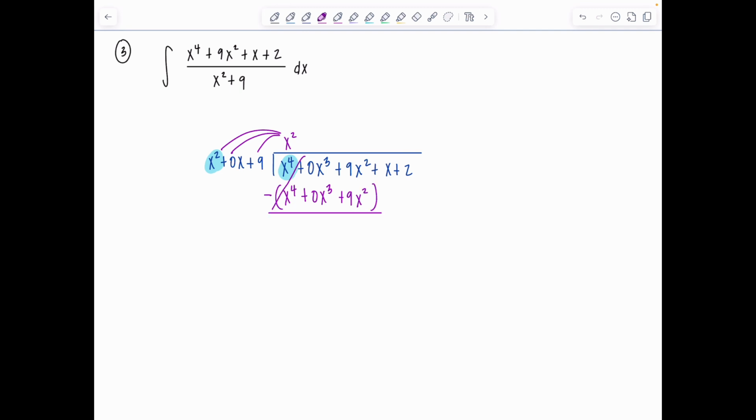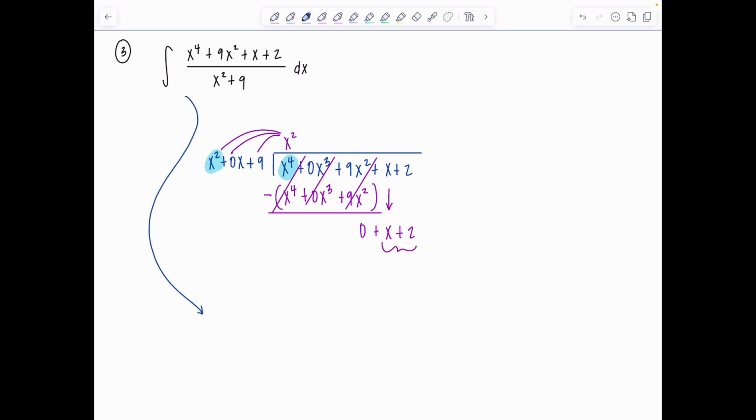Subtract. This cancels. This cancels. Wow. So we just have 0 and then bring down x plus 2. Now I'm done. This is my remainder because this is degree 1. My divisor is degree 2, so I can't divide any further.